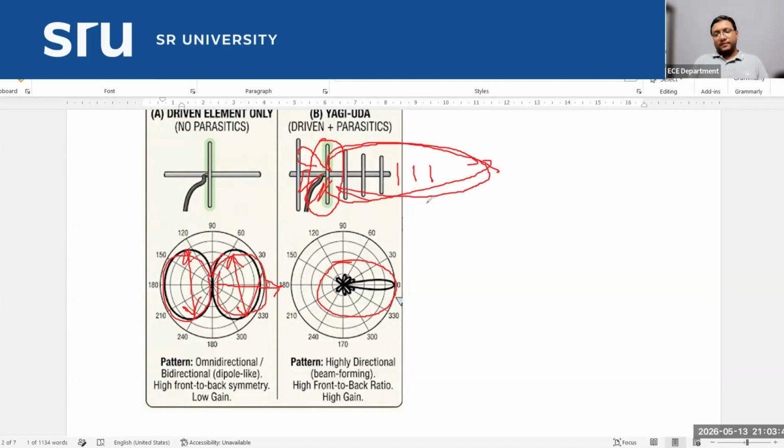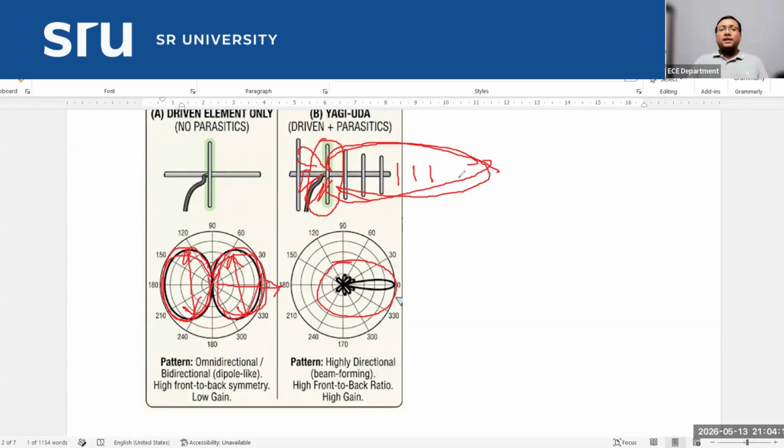So what was the benefit of this parasitic element? The benefit is, first, it is converting this figure of 8 shape to a directional shape. Then what is the benefit of this?